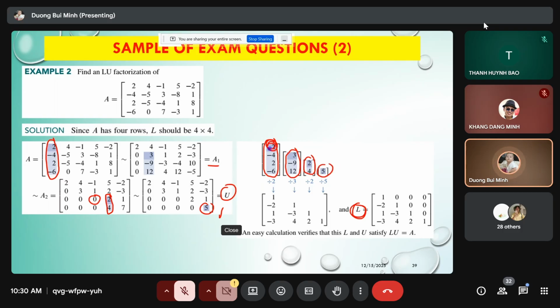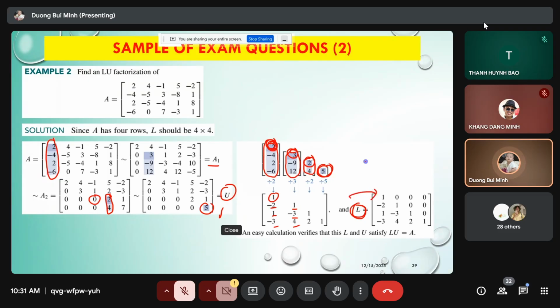So this is the first pivot. Here you divide by 2, you get 1, minus 2, 1, 3. You divide this by 3, you get 1, minus 3, 4, and so on.